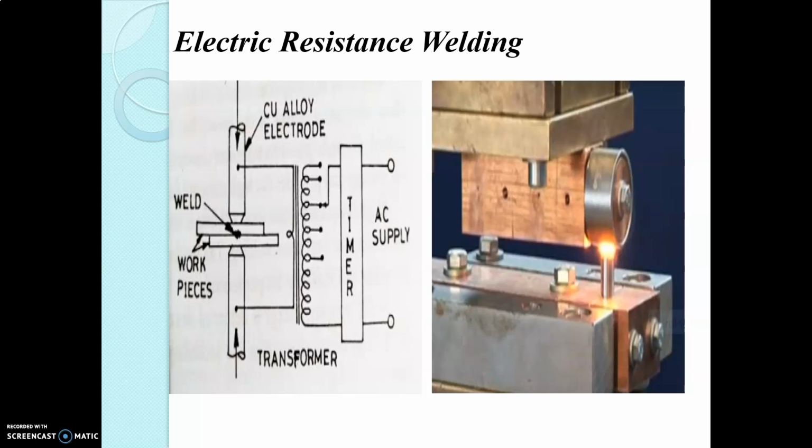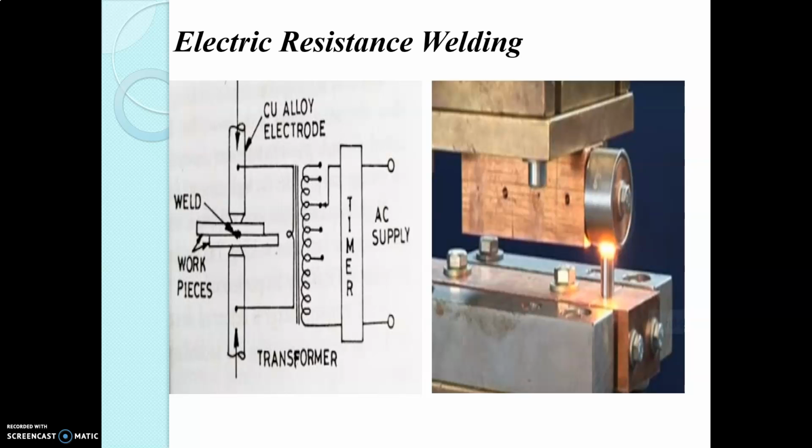It is usually adopted for mass production, and in this case of welding, heat is obtained at the location of the desired weld by the electrical resistance through the metal pieces for a relatively short duration and a very low voltage, that is 6 to 10 volts only, and high amperage, which varies from 60 to 4000 amperes of electric current.